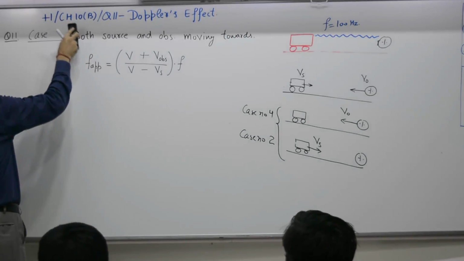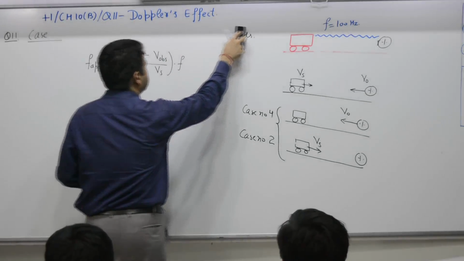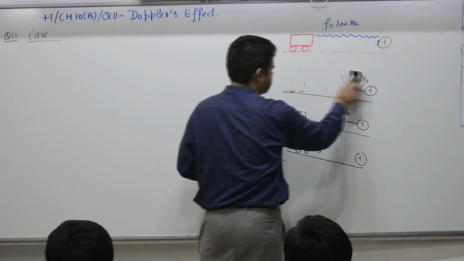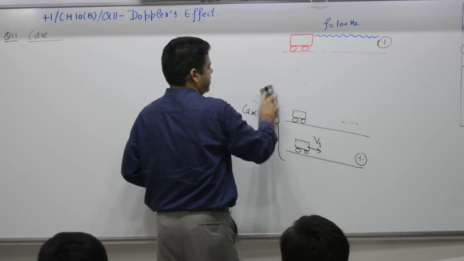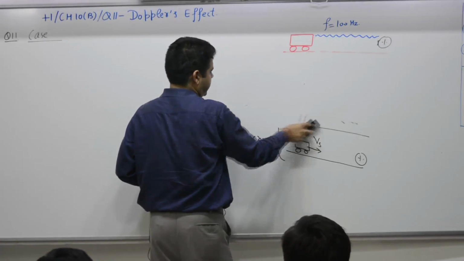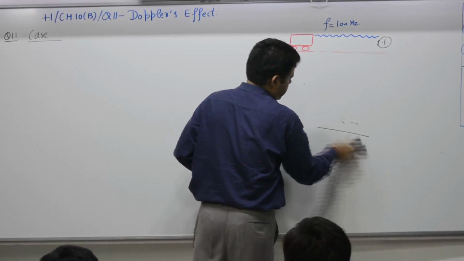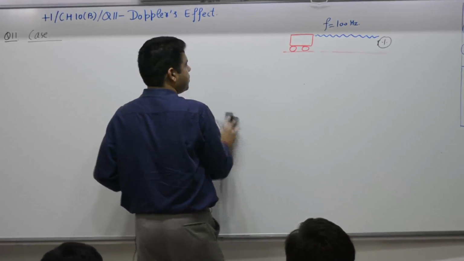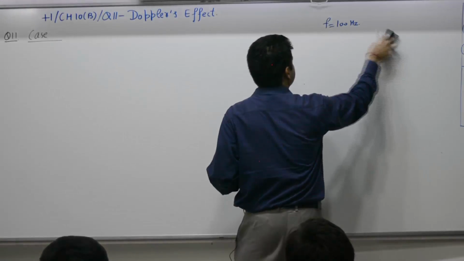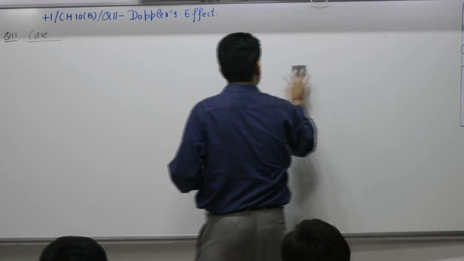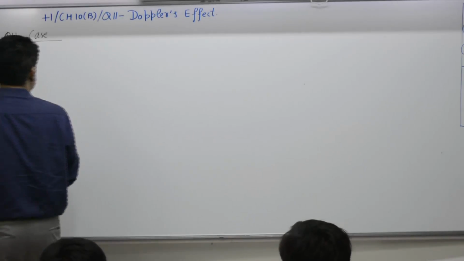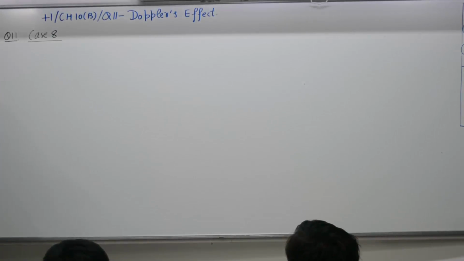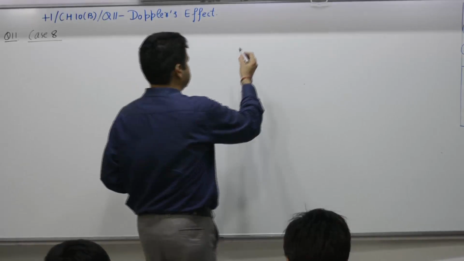Case number 8. In all these cases discussed so far, the two particles are moving along a straight line, along the line joining the centers of the two. But now you have case number 8, where there is a railway track.